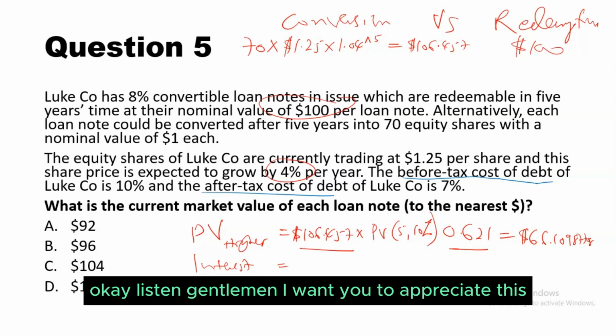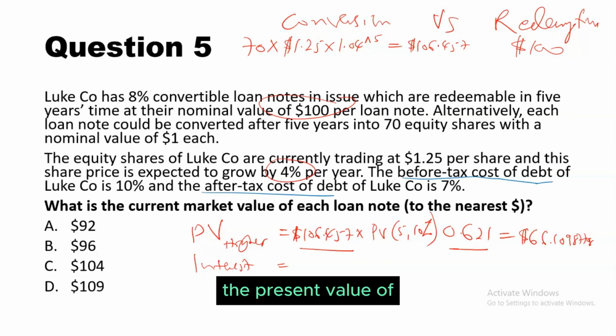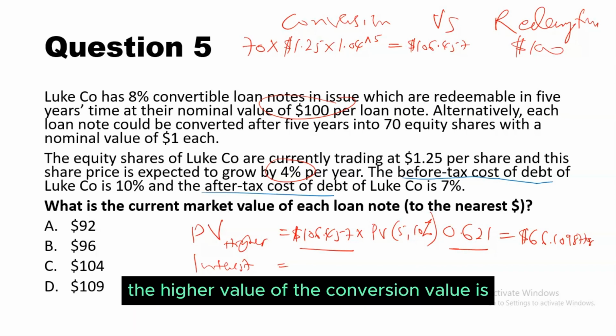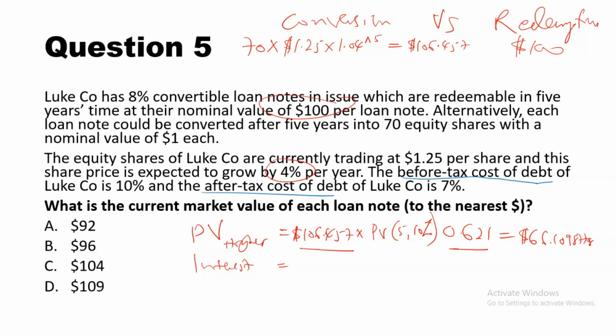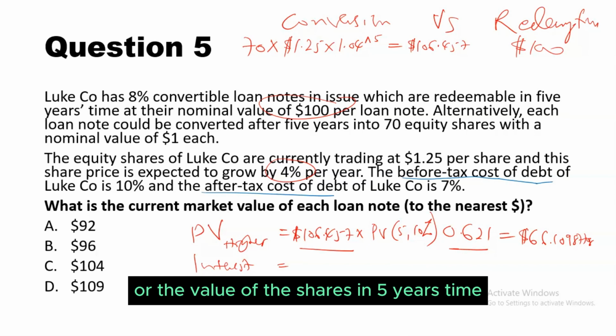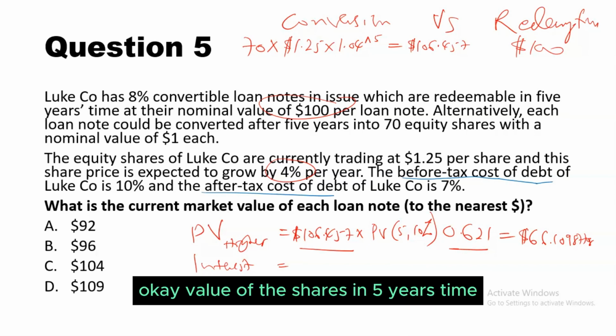Ladies and gentlemen, I want you to appreciate this. The present value of the higher value, the conversion value, is the amount we expect, or the value of the shares in 5 years' time.